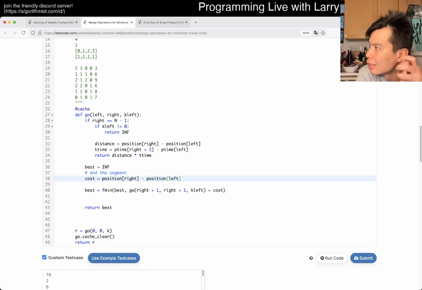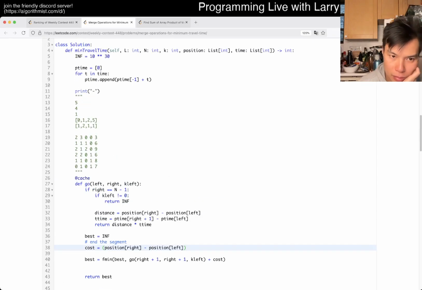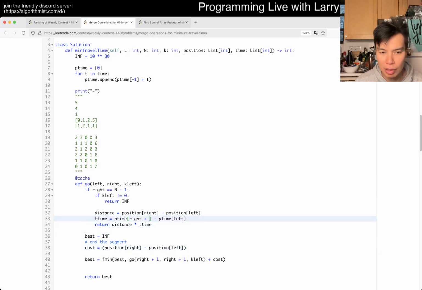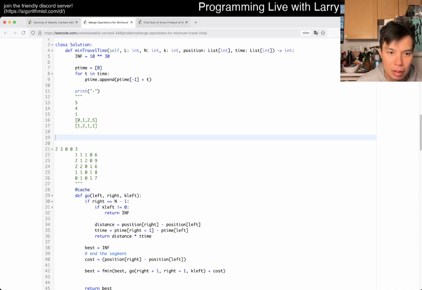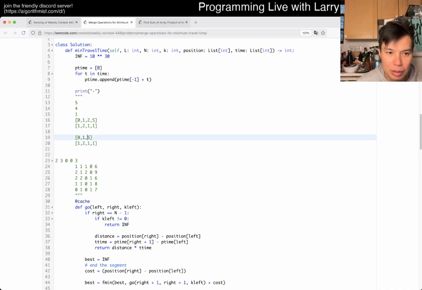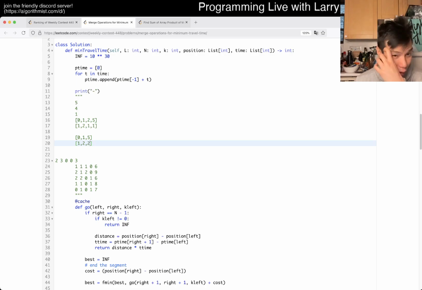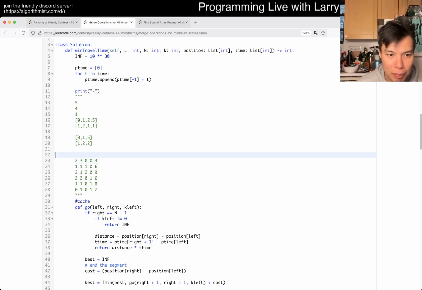Because I think this is wrong because you don't add the right. Oh yeah, I know. Because this is wrong because when we merge these two, I think we can still do segment, but I just have to make sure I'm precise on this.